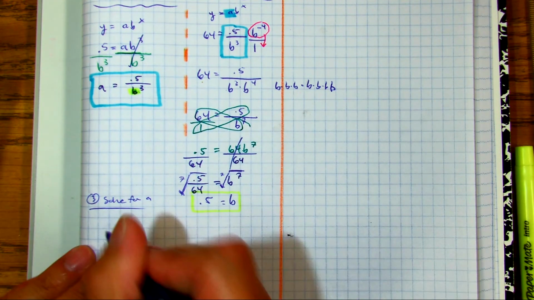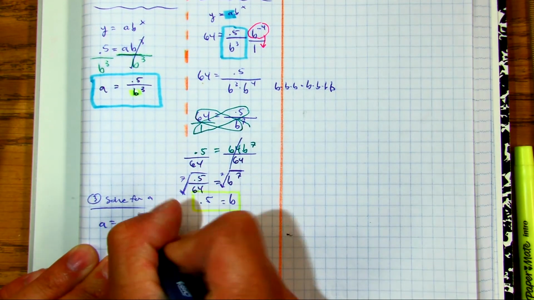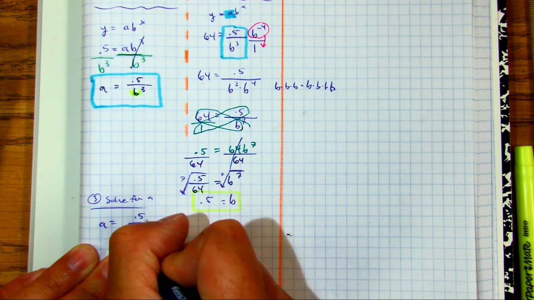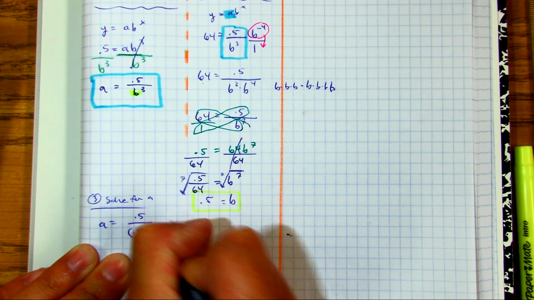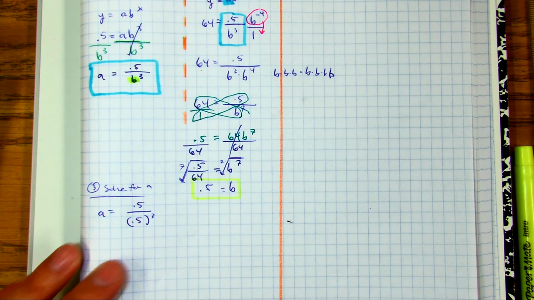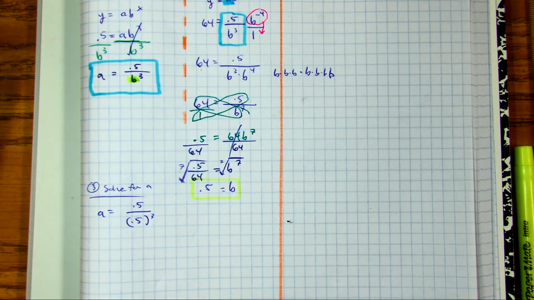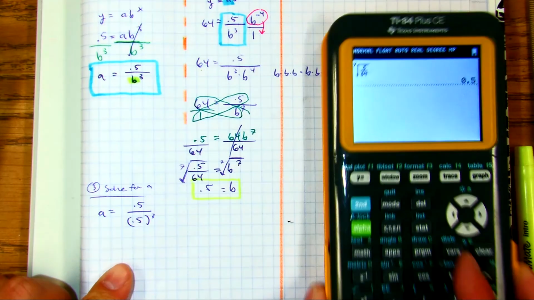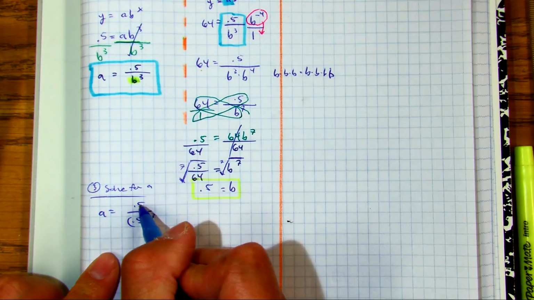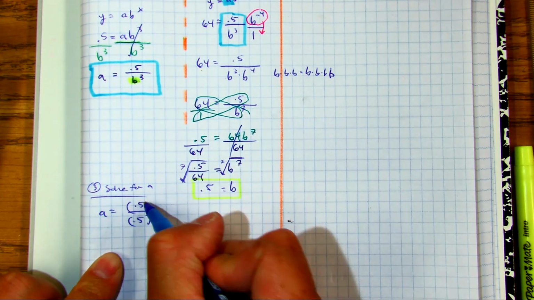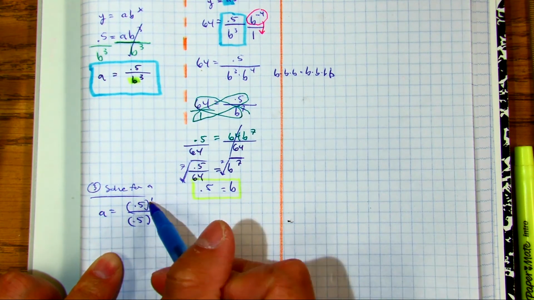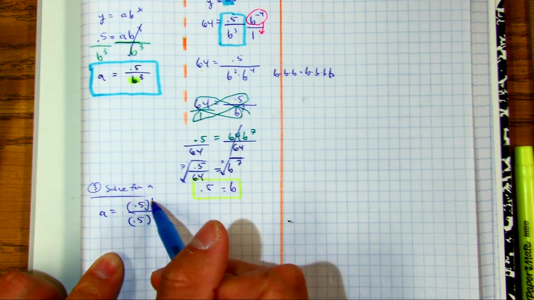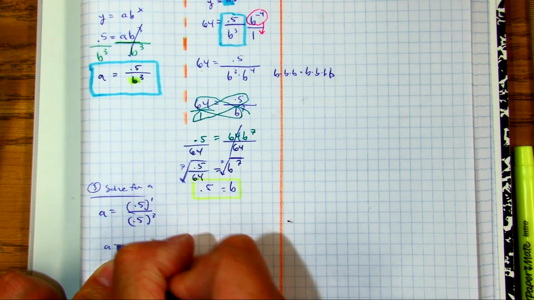A equals 0.5 over 0.5 to the third power. Now, I'm just going to put that in my calculator. If you're doing that by hand, you should also recognize that's to the first power. And then you're actually canceling one of these and one of these, so really you have 0.5 to the second power.